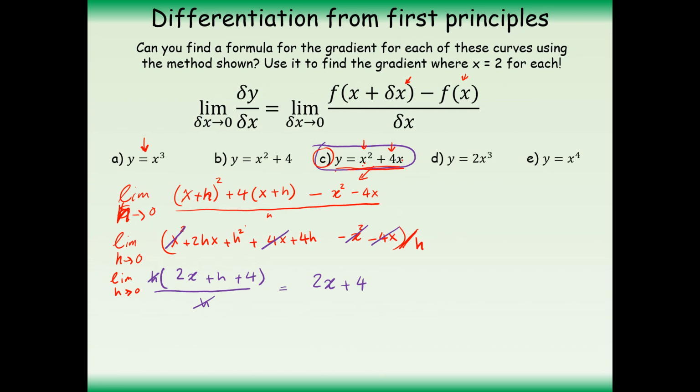I've written the denominator like so at the end of the line. So you can factor h out, you get this purple expression here, and once you evaluate that, this h goes towards 0, and you're left with 2x plus 4. Notice the 4 does remain in the answer.